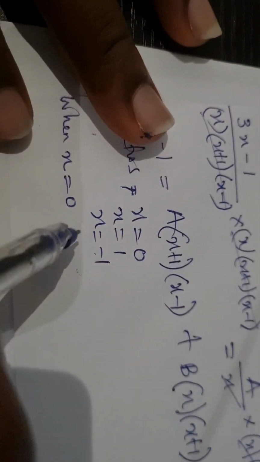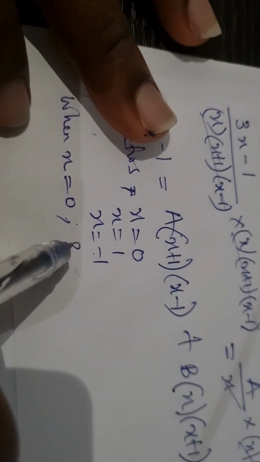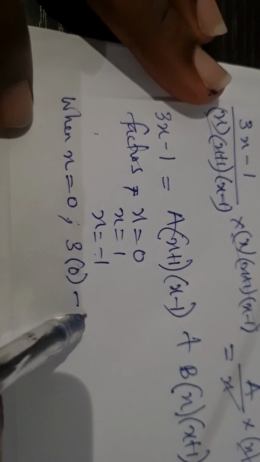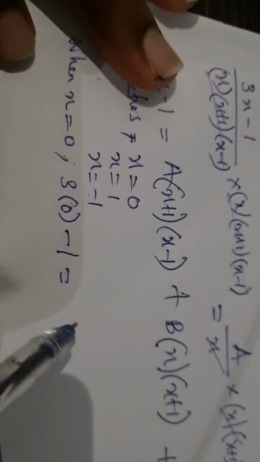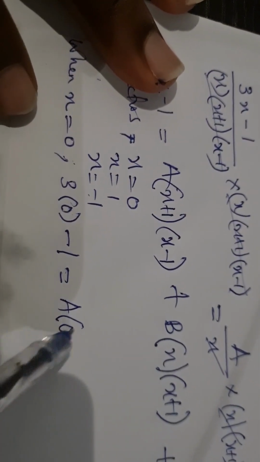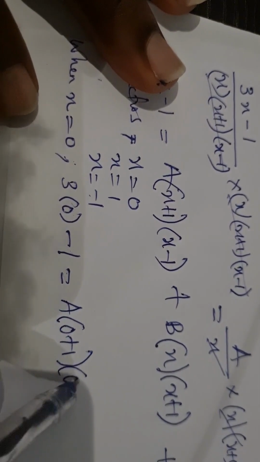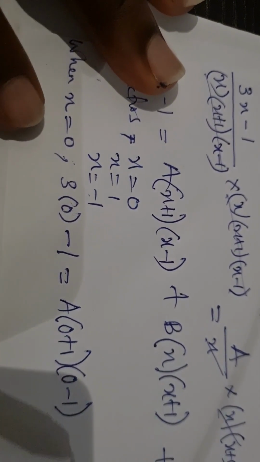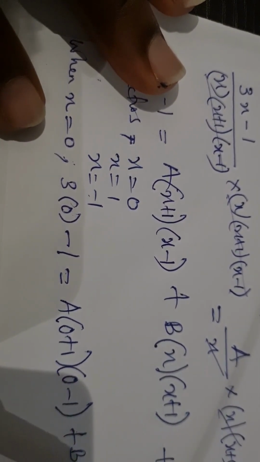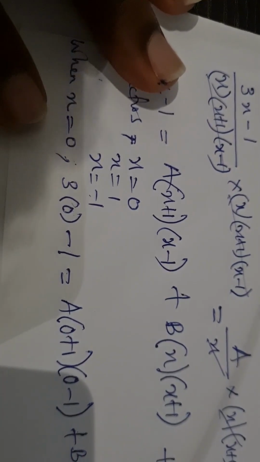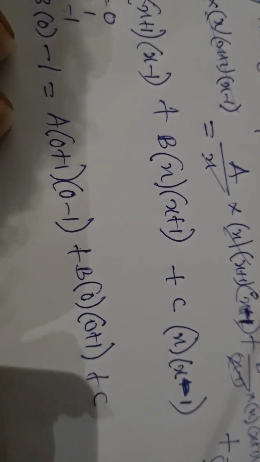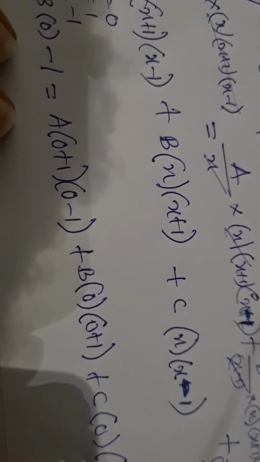So when x is equal to 0, if I put 0 here, I'm going to input 0. We have 3 into 0 minus 1 equal to a into 0 plus 1, 0 minus 1, right? Plus b into 0 multiplied by 0 plus 1, plus c into 0 multiplied by 0 minus 1.